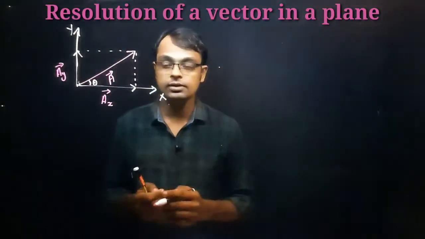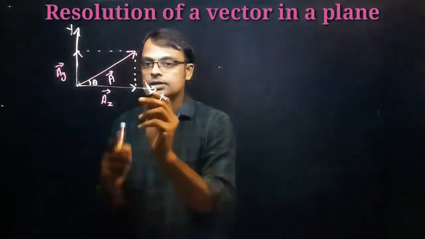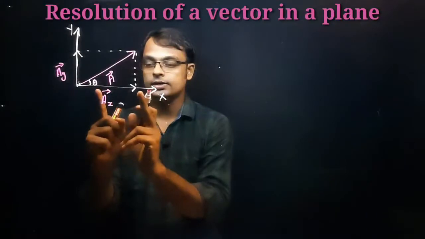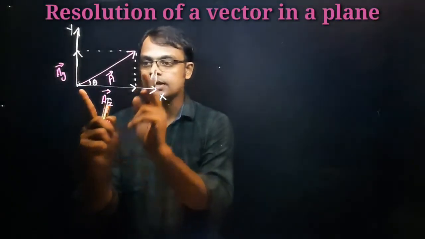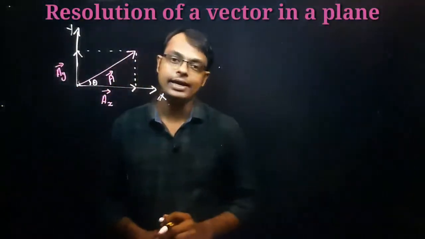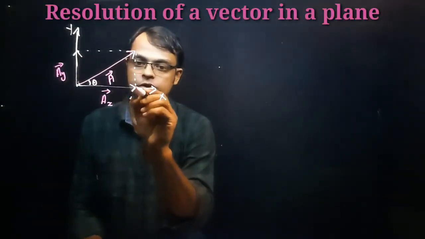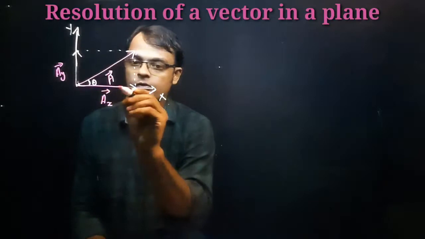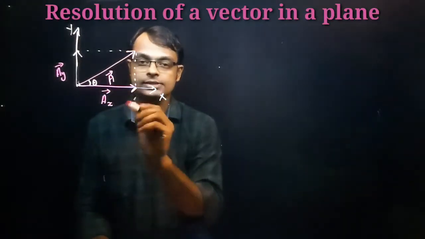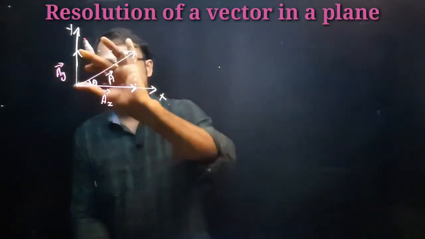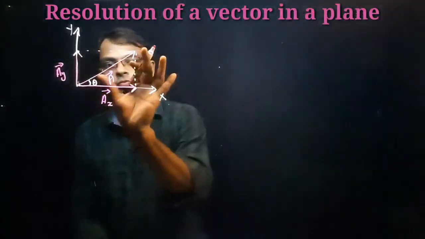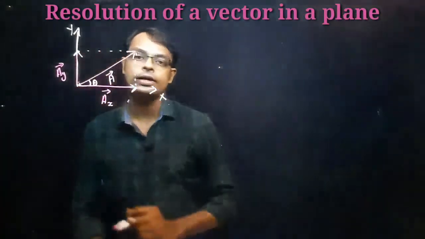So what we have done here, the given vector A is now split into two vectors. One is along the x-axis and the other one is along the y-axis. Here you can also say this is the projection vector of vector A along the x-axis, and this is the projection vector of vector A along the y-axis.